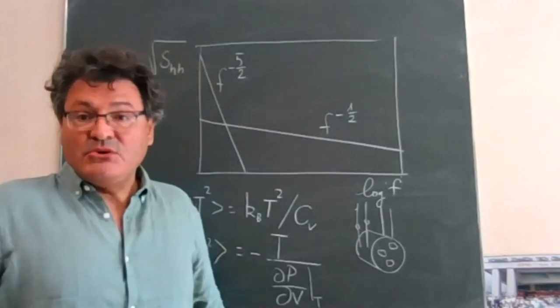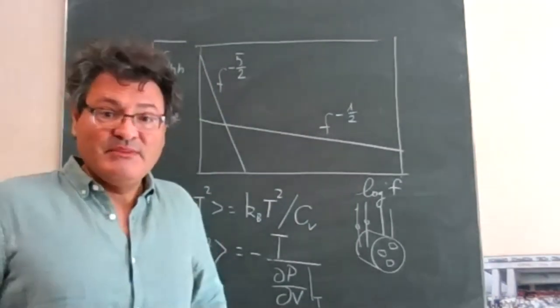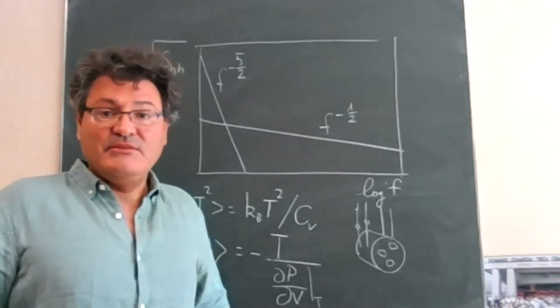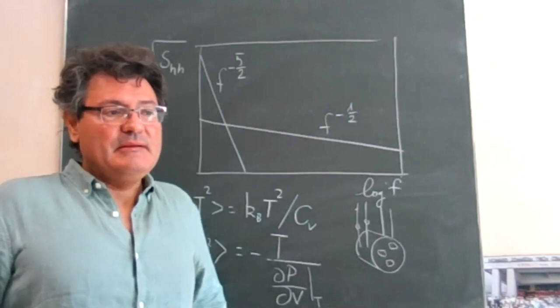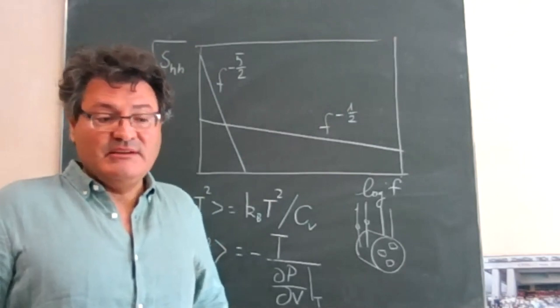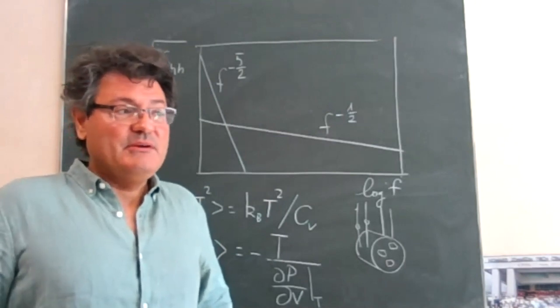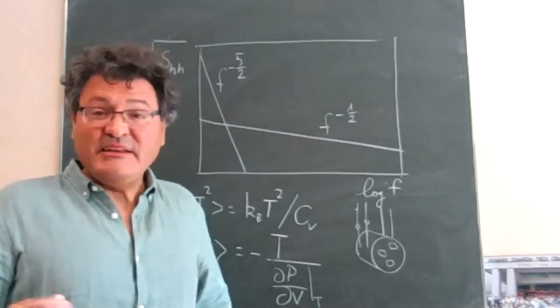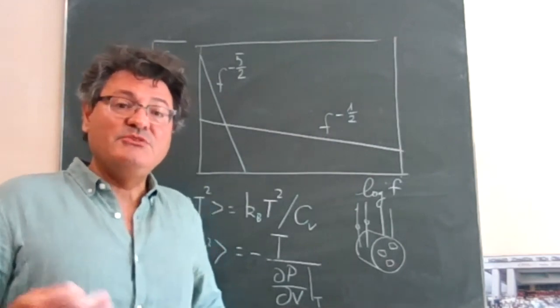It is sometimes called the generalized Nyquist theorem, because Nyquist and Johnson, well, they didn't work together, but in the 20s the first electronic amplifiers were produced.